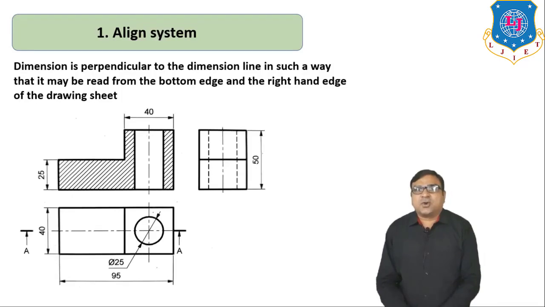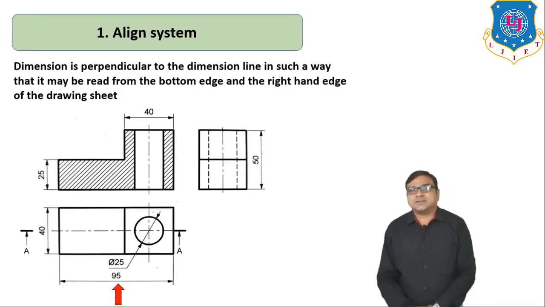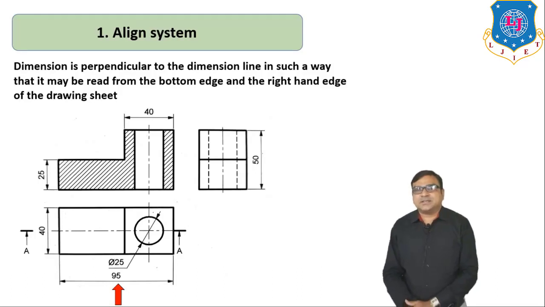So in this particular drawing, we can say that in top view, this 95 mm value is put above the dimension line and it must be in the middle of the line, and another 40 mm.